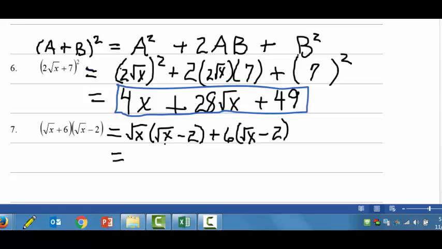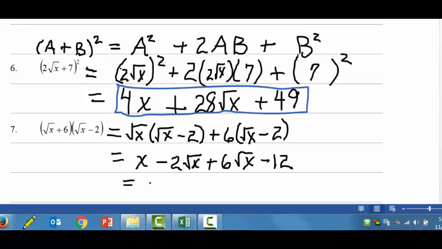So the square root of x times the square root of x is the square root of x squared, which is simply x, as long as x is non-negative, as we're assuming it is. Square root of x times minus 2 is minus 2 square root of x, plus 6 times the square root of x, plus 6 times negative 2, which is negative 12.